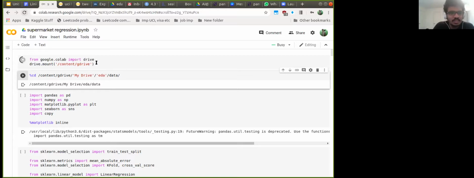I don't know why this is taking so long. Yeah, that's the issue with using Colab. It's just not quite reliable, I guess.